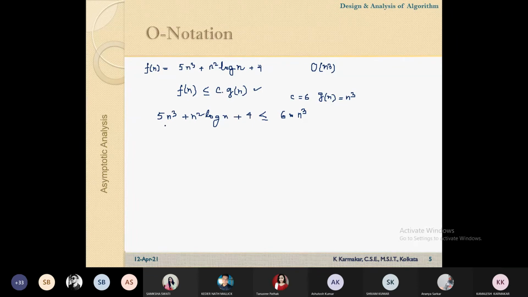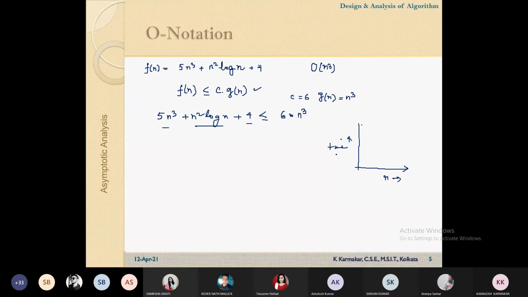Okay. So in the left hand side, for which part is growth maximum? This one is constant. This one is n square log n, and this one is n cube. Okay, so for which is this growth maximum? Try to recap. We have discussed in the previous slide that if we plot it like this, so n in this direction and time in this direction.